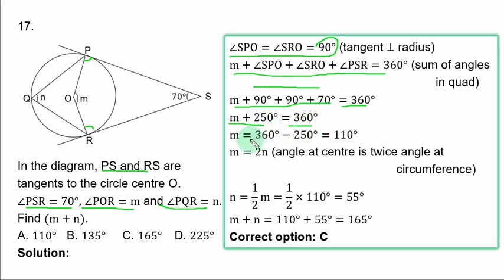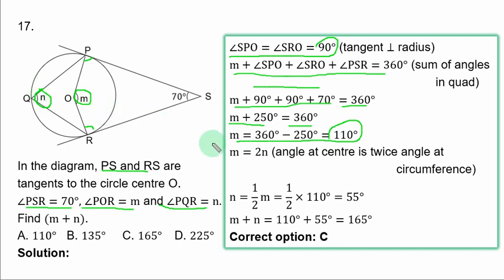Collect like terms, you have M equal to 360 degrees minus 250 degrees, and that is 110 degrees.